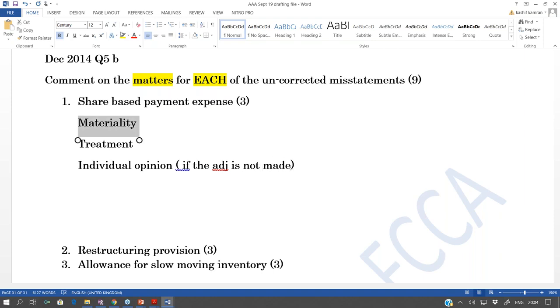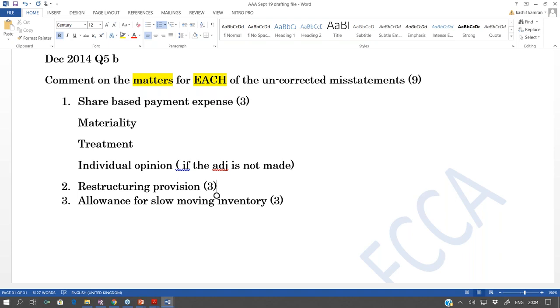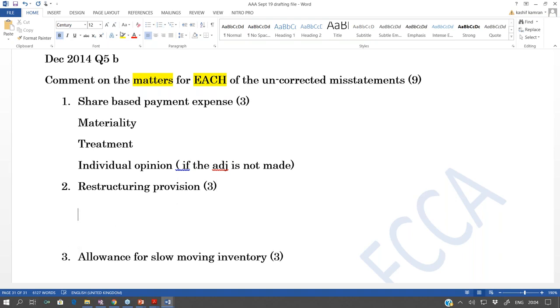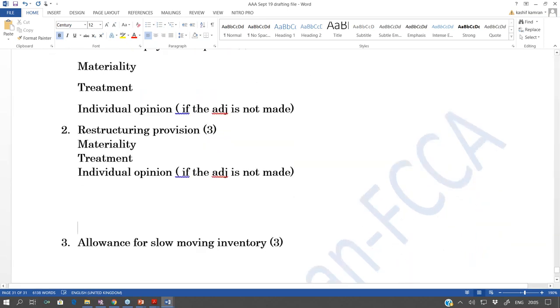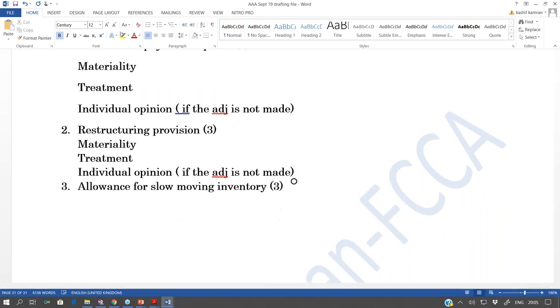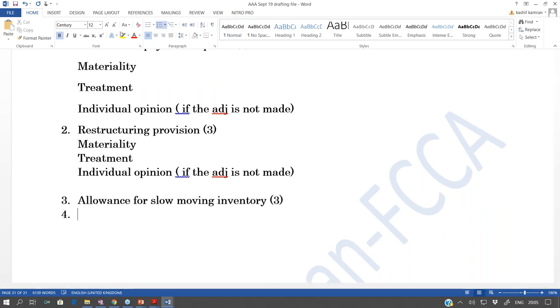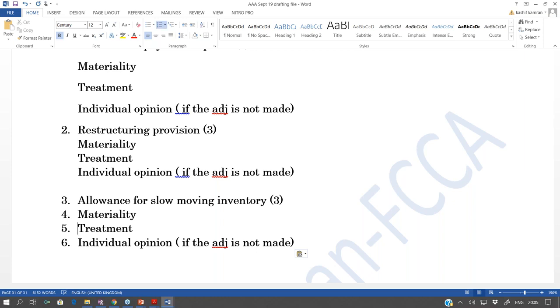So is everyone getting the breakdown of the 3 marks? You will do this in all 3 cases: for the restructuring provision, and for the allowance for slow moving inventory.